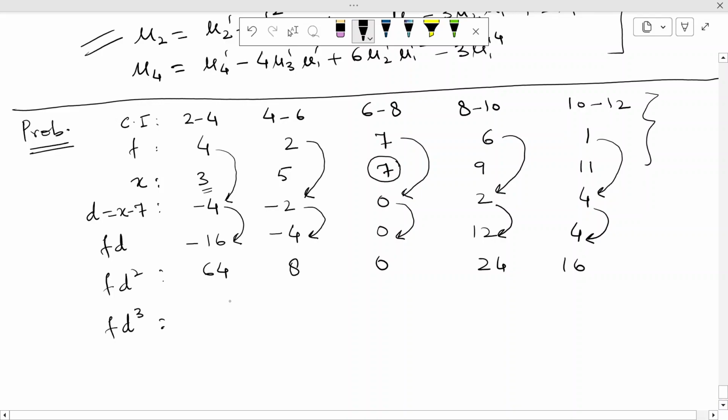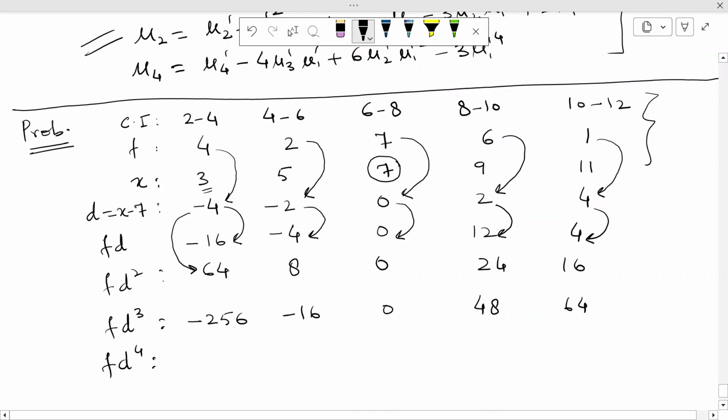FD cube can be obtained by multiplying FD square by this D for each value of FD square. So FD cube comes out as minus 256, minus 16, 0, 48 and 64.